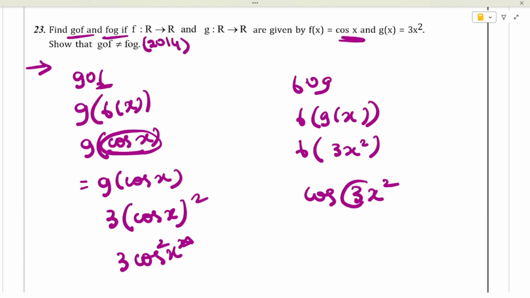If you want this variable beside here, you bring it out here, cos square x. This will be the answer. See, they have given cos 3x square, right? They both are not equal. You can prove here.